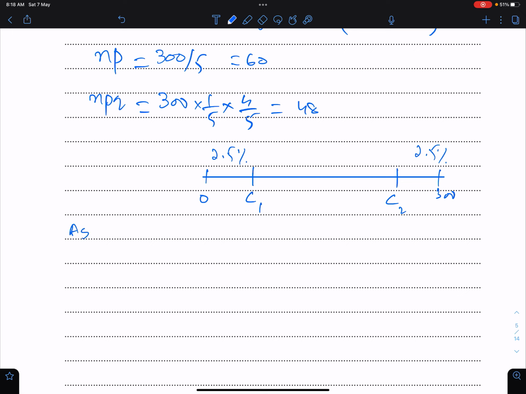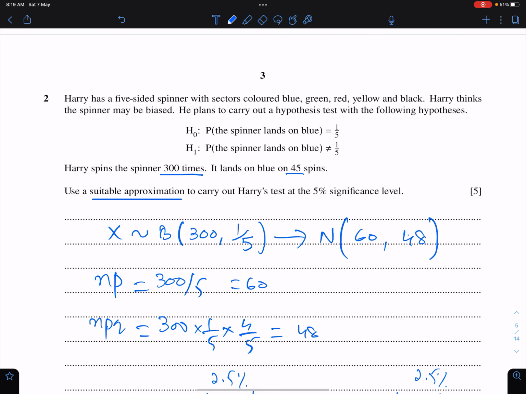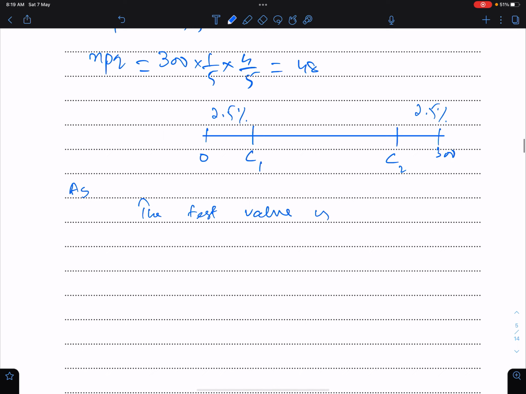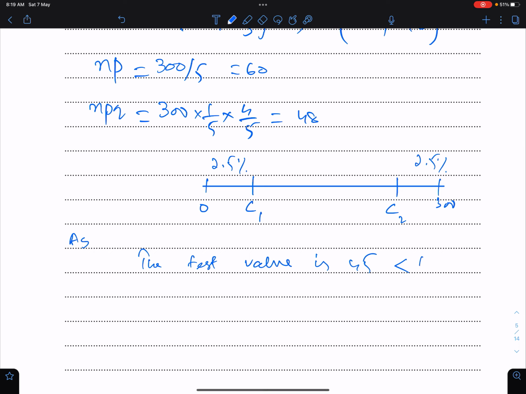As the test value is 45, which is less than the mean 60, you have to perform the lower tail test in a two-tail test. Remember this. If the test value is less than the mean, then perform this test.